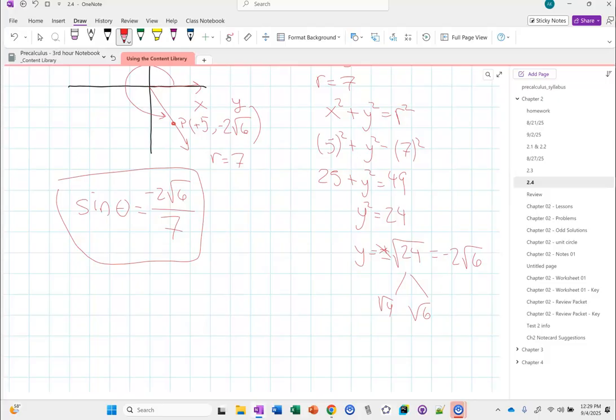If you struggle to get that terminal side in the right quadrant, over and over, it's going to cause problems. So I cannot emphasize how important the all silly turtles crawl piece is to making sure you're consistently getting those terminal sides in the right places. It matters so much.